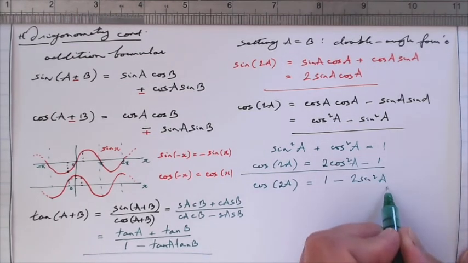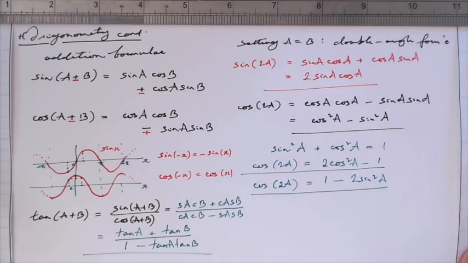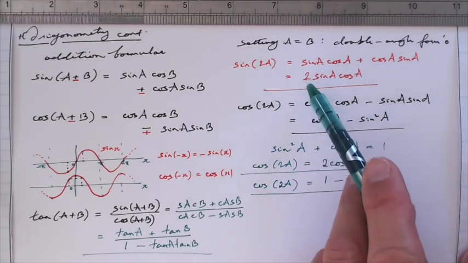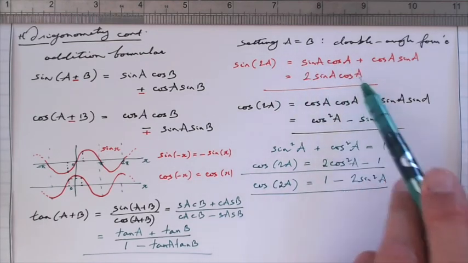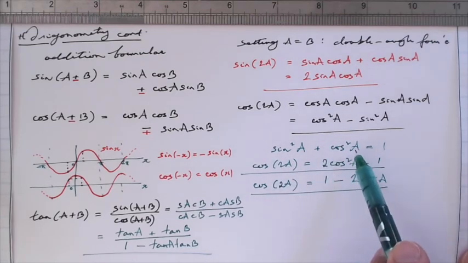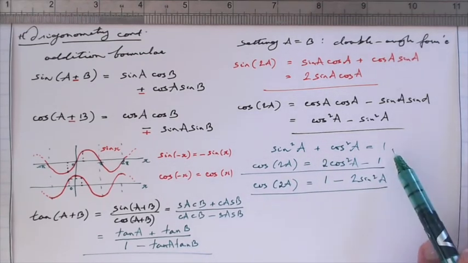And so that's another way to write cosine of twice the angle. Just to recap, there's one natural way to write sine of twice the angle, twice sine a cos a. There are 3 equivalent ways of writing cos of twice the angle, and they're trivially related by the fact that sine squared plus cosine squared of an angle is always equal to 1.